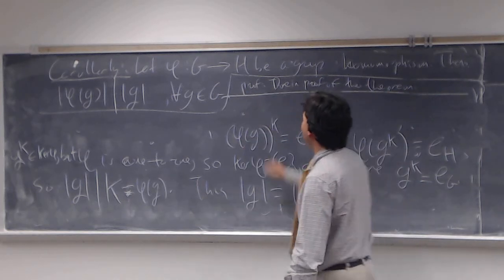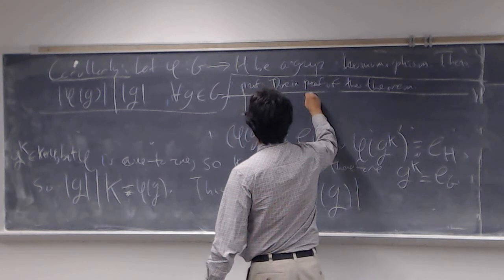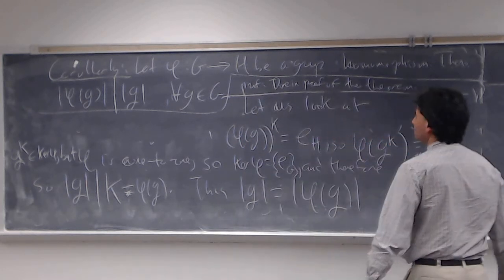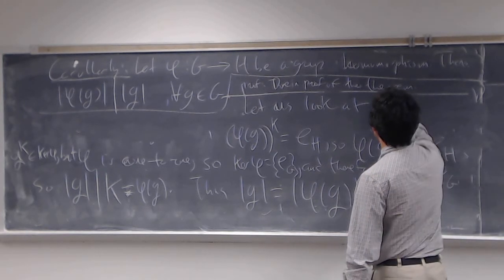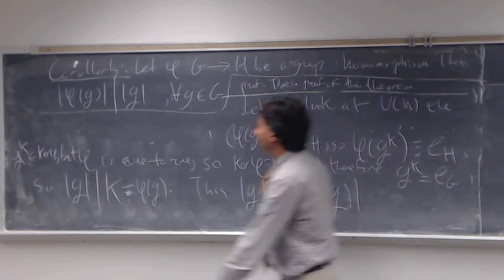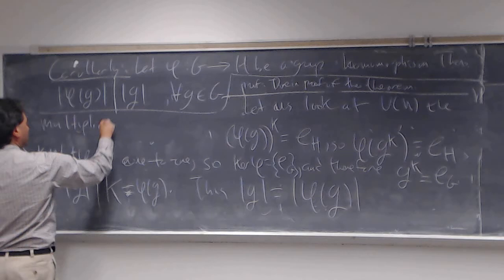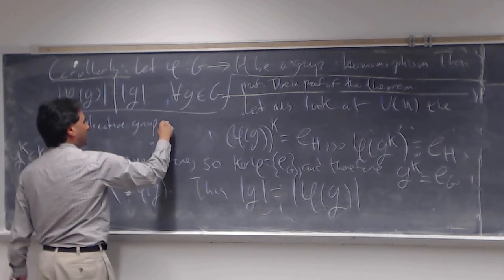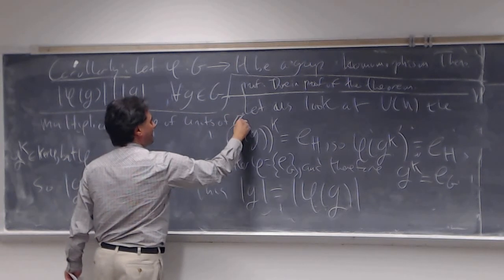So now recall, let us look at U_n, the multiplicative group of units of the integers mod n.